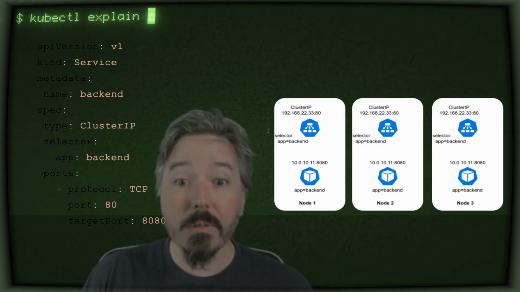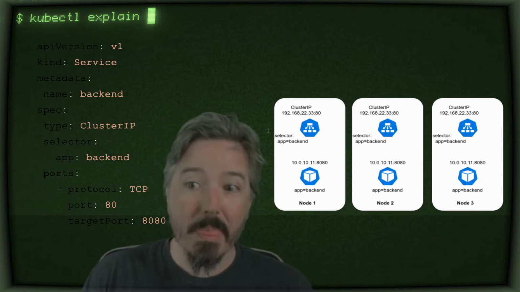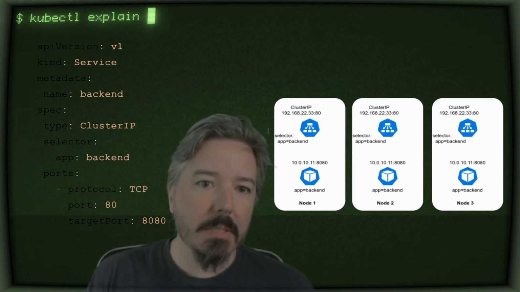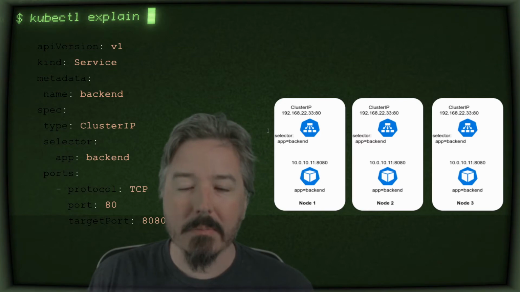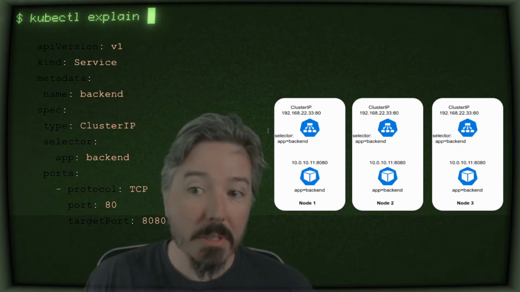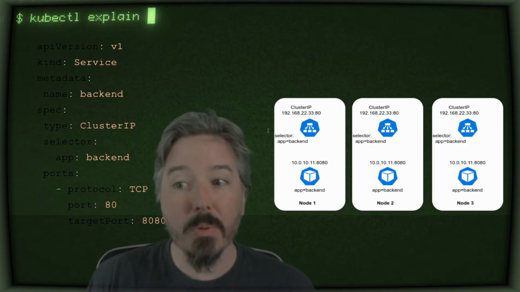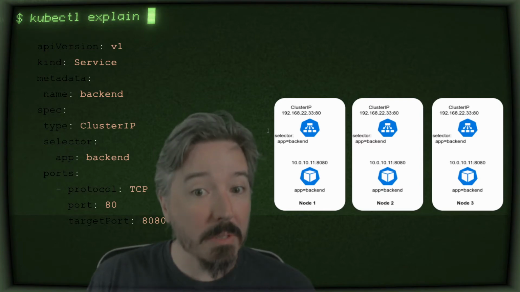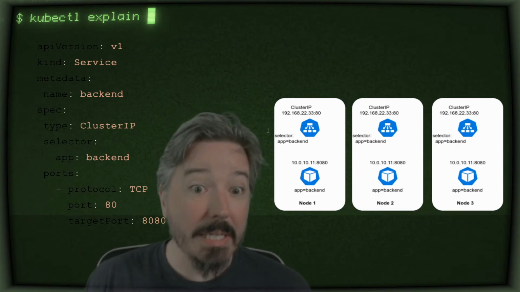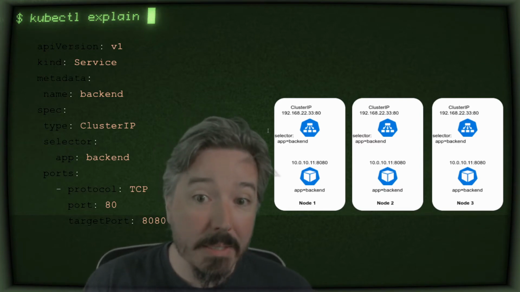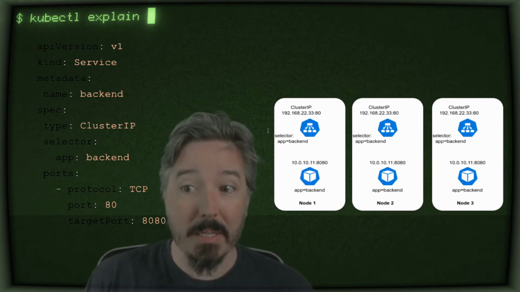Services are a logical grouping of Kubernetes resources, and a service in and of itself simply provides this grouping and lookup function. Each service is assigned a virtual IP address called a cluster IP, and we'll use those two terms interchangeably. This is the stable endpoint to your application.